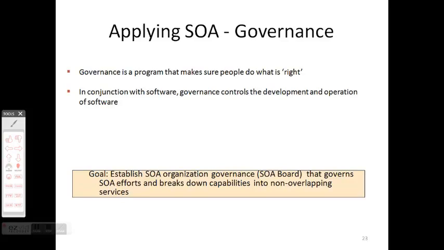The governance program is a program that makes sure people do what is right by the book. In conjunction with software governance, it controls the development and operations of software. The goal is to establish a service-oriented architecture organization governance that governs the SOA efforts and breaks down the capabilities into non-overlapping services.